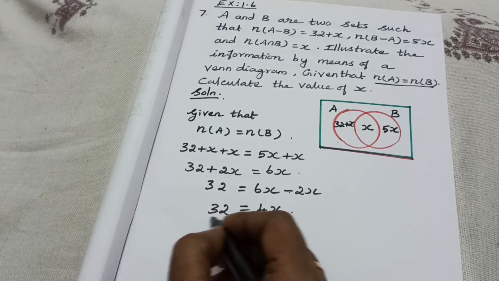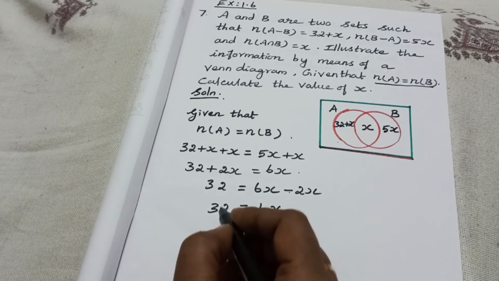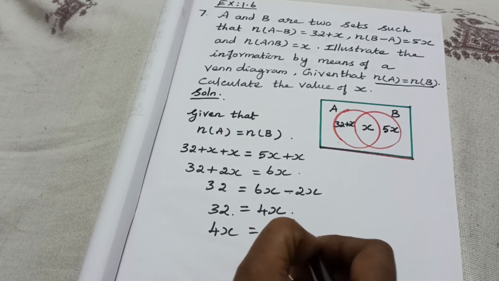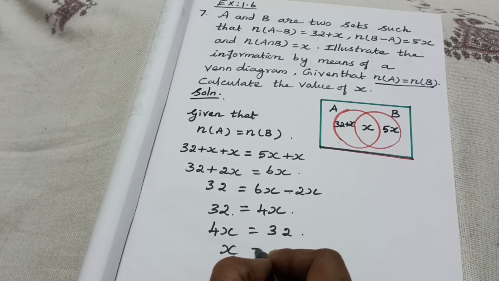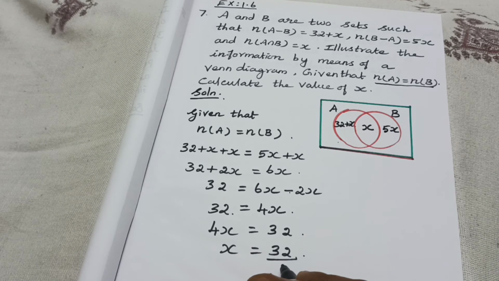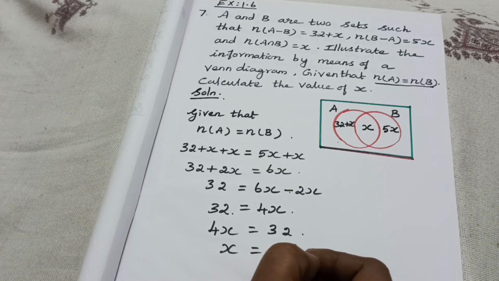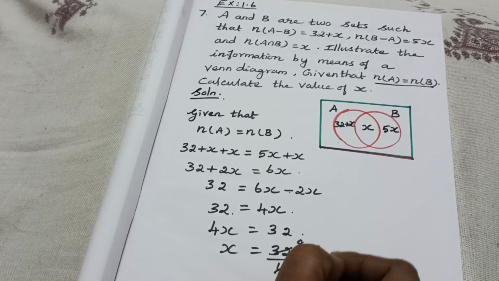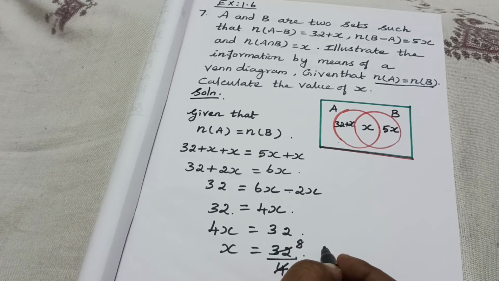Here 32, interchanging both sides, we will get 4x is equal to 32. Therefore, x equals 32 over 4, the 4 comes to the denominator. How many 4s are in 32? 8 times. 8 fours are 32.